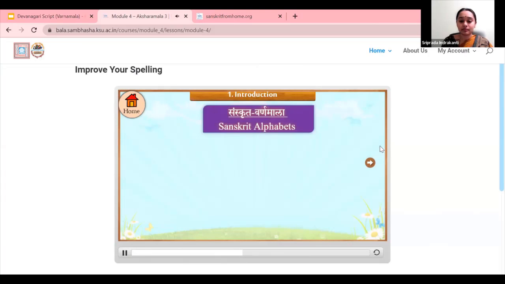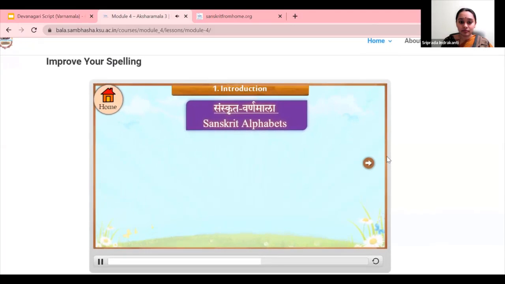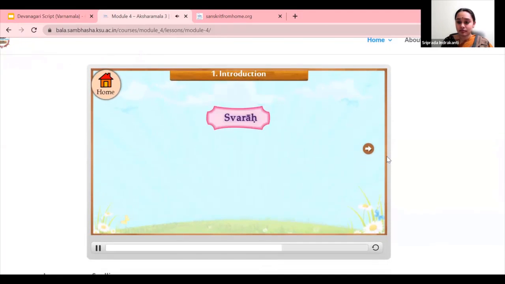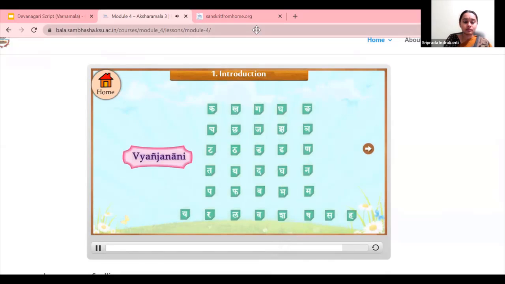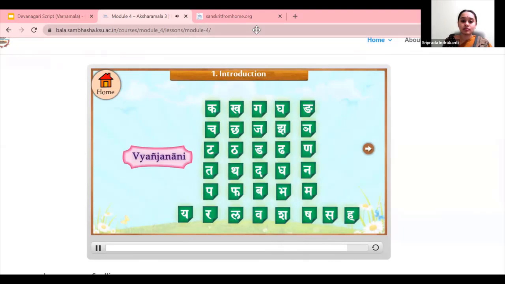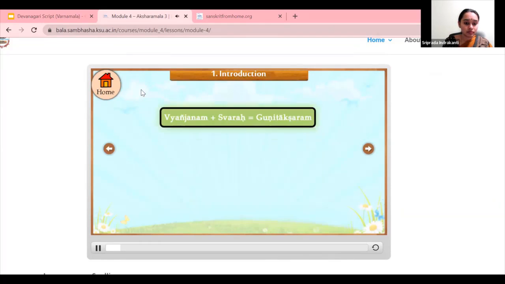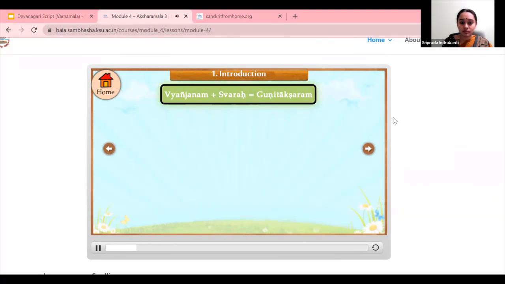Varnamala. The basic letters of Sanskrit are divided into swaras and vyanjanas. You have also learned that vyanjanas combine with swaras to form gunitaksharas.